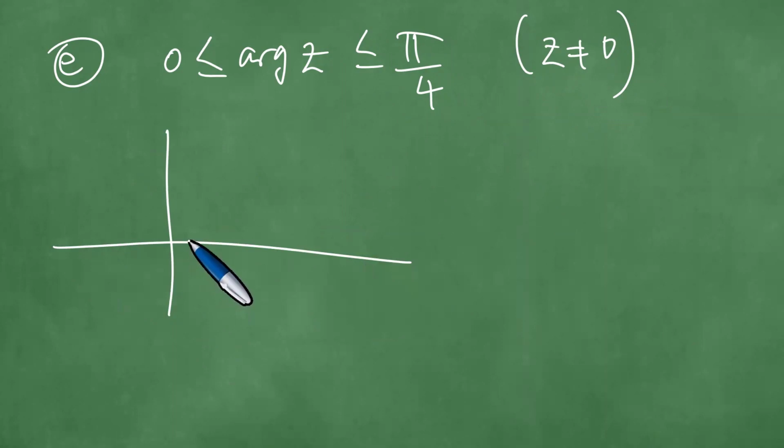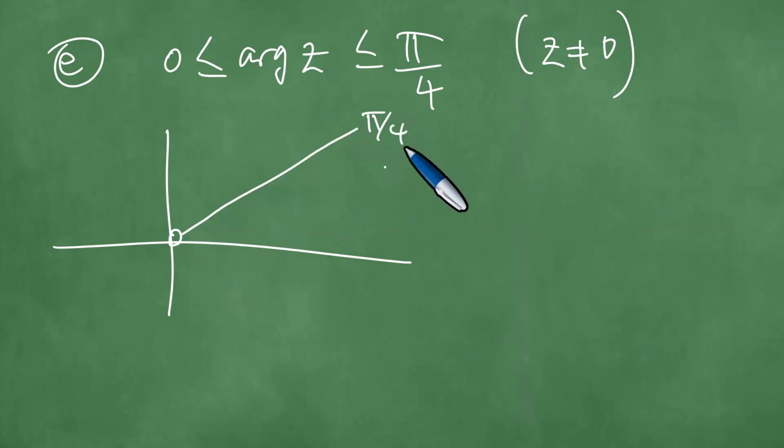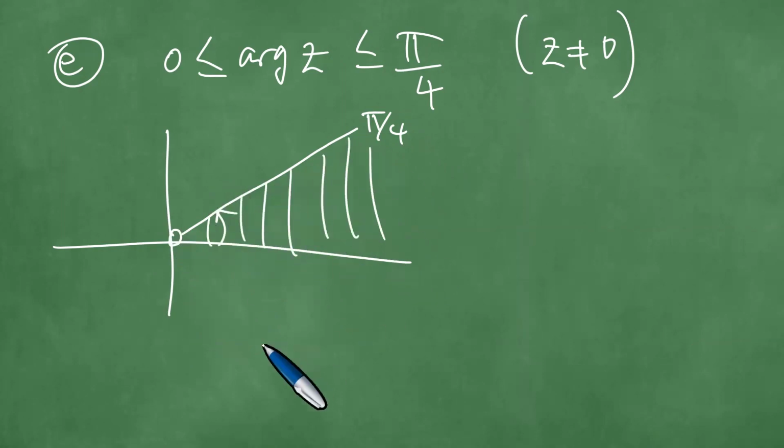So Z is not 0, meaning that we put an open circle here like this. And then this is like pi over 4 here. And we shade here like this because we take all those angles that are between 0 and pi over 4. So that is the sketch.